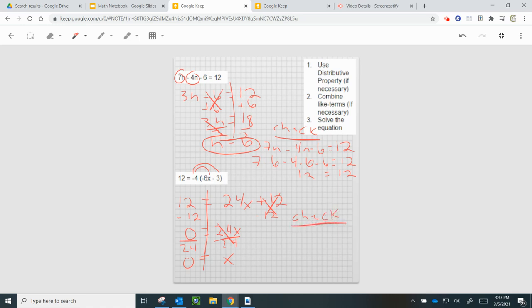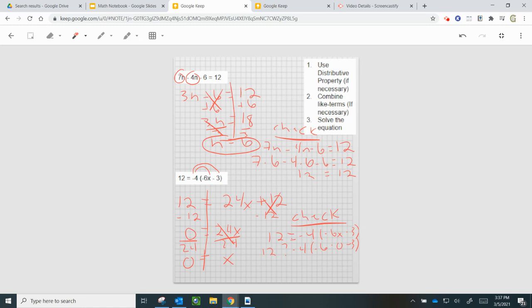So I know 12 equals negative 4 times negative 6x minus 3. So 12 then is negative 4 times the quantity negative 6 times 0 minus 3.